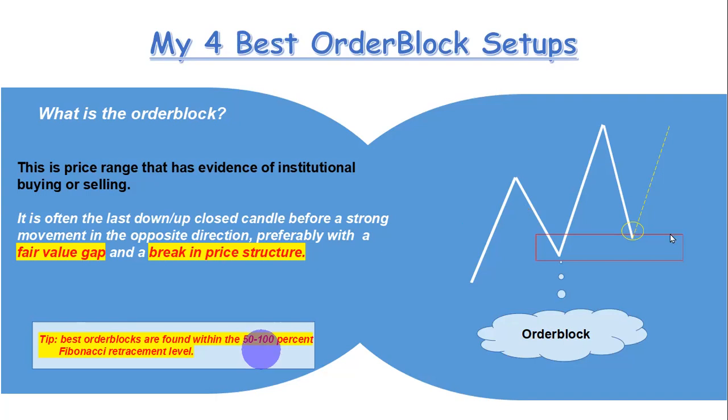So here is the simple setup of the order block. Let me walk you through this. What we have right here is that price moves down. As it is moving down, basically what happens is that the big institutions will be buying. The big institutions buy when price goes down.